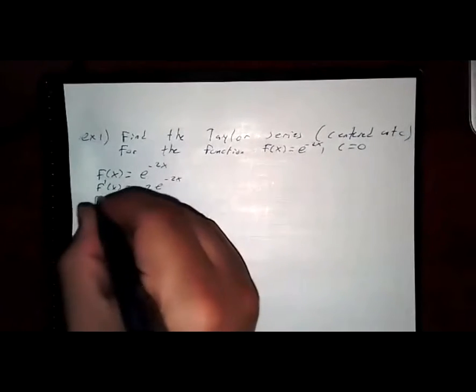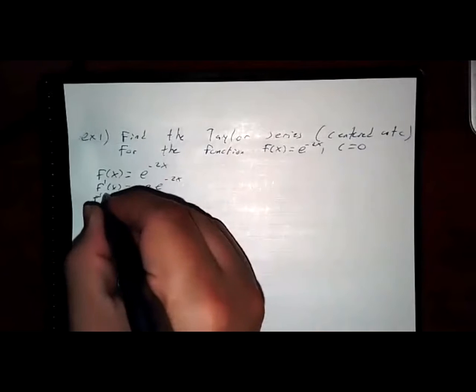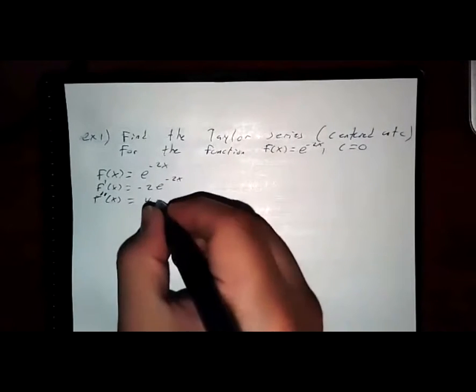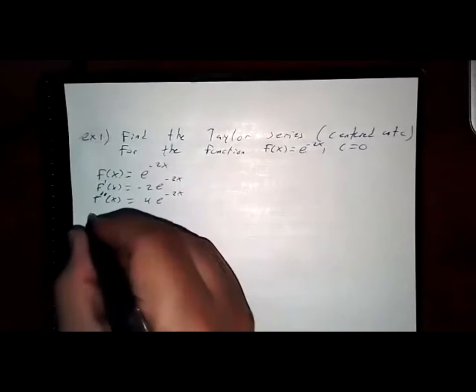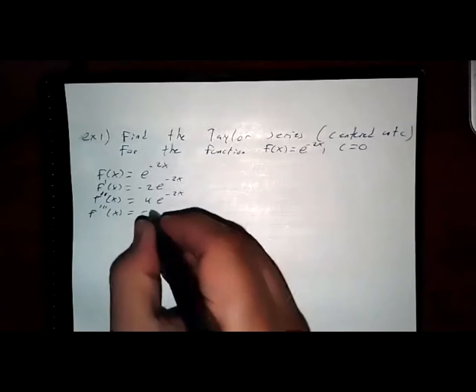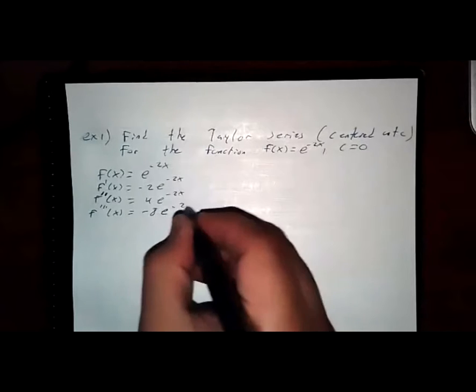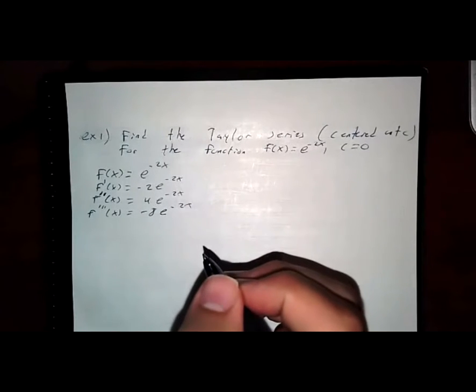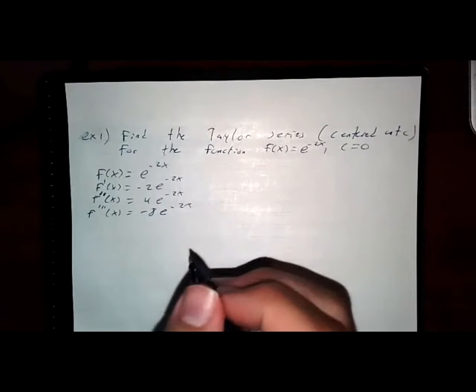The second derivative would be 4e to the negative 2x. The third derivative would be negative 8e to the negative 2x.